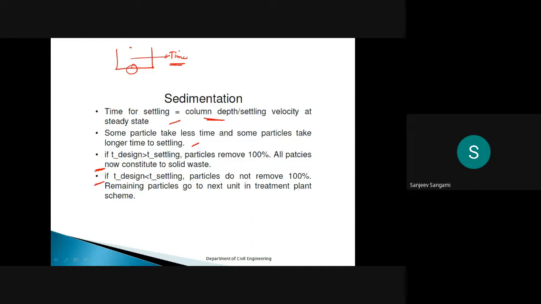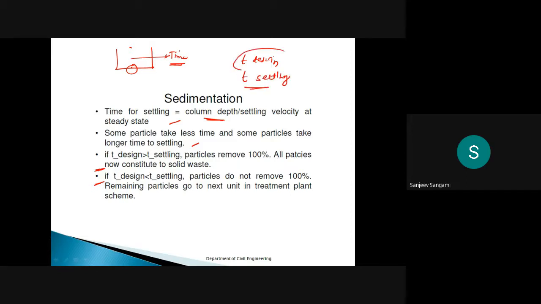One is that some particles will take more time and some will take less time, always, depending on the particle shape, particle size, density, and viscosity. The T design and the T settling, these two concepts are very important.